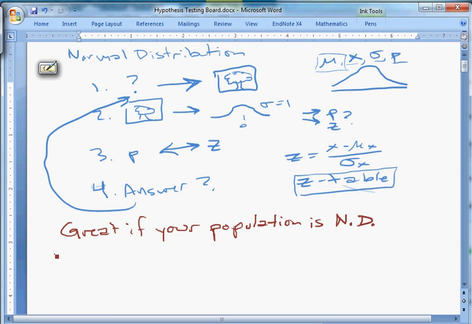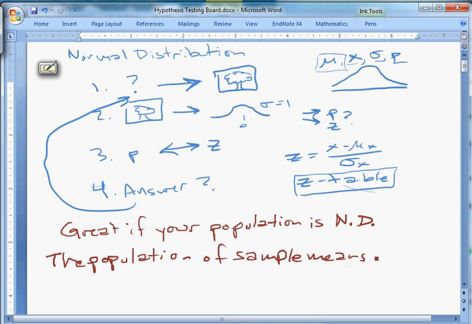Fortunately, what we found was that the population of sample means, and sample proportions for that matter, is always normally distributed. So all that stuff was useful to us for that reason. The population of sample means is normally distributed.